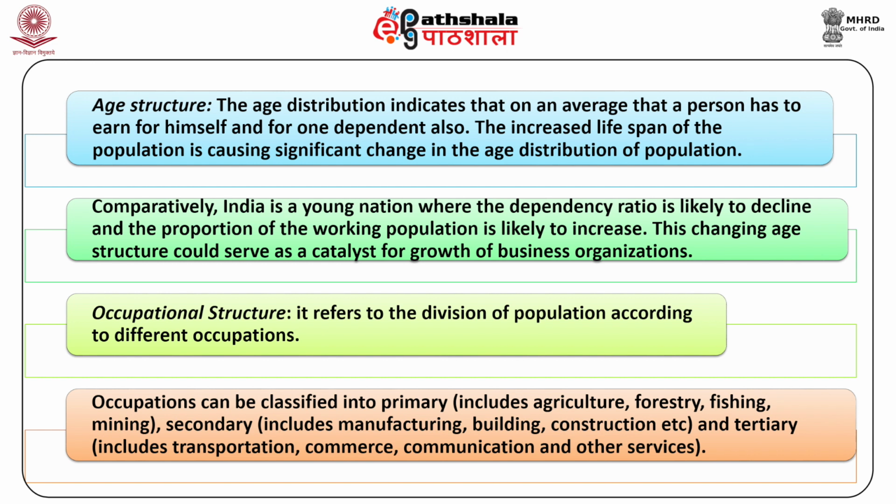Primary occupations include agriculture, forestry, fishing, and mining, etc., whereas secondary includes manufacturing, building, construction, etc. And the third being the tertiary sector, which includes transportation, commerce, communication, and other services. The occupational structure of India has always been dominated by agriculture. However, with the economic progress, there has been a prominent shift from secondary to tertiary activities.